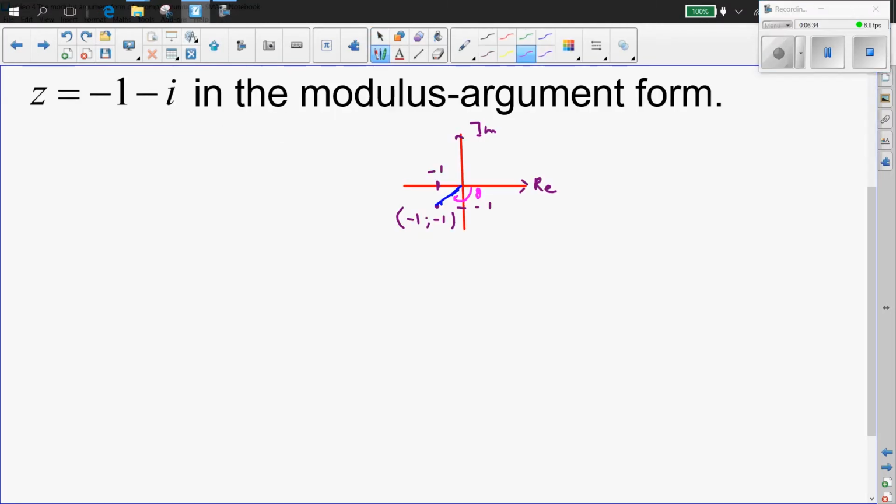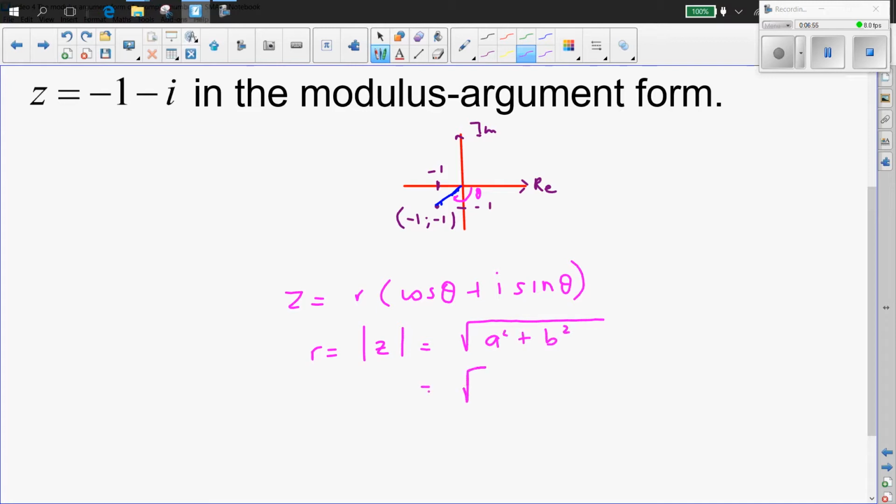The modulus argument form is z equals r into cos of theta plus i sine of theta. r is the modulus of z, the square root of a squared plus b squared. So it's going to be the square root of -1 squared plus -1 squared, which gives me the square root of 1 plus 1, which is the square root of 2.